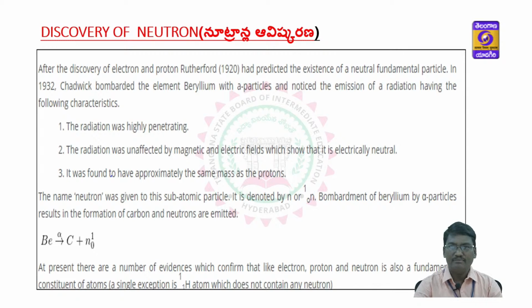In the atom, electrons have negative charge, protons have positive charge, and neutral particles are present. So up to here, the discovery of the fundamental subatomic particles: electrons were discovered by J.J. Thomson, protons by Goldstein, and neutrons by Chadwick.